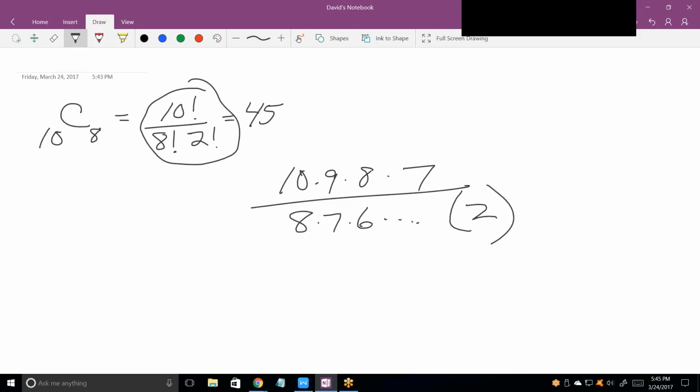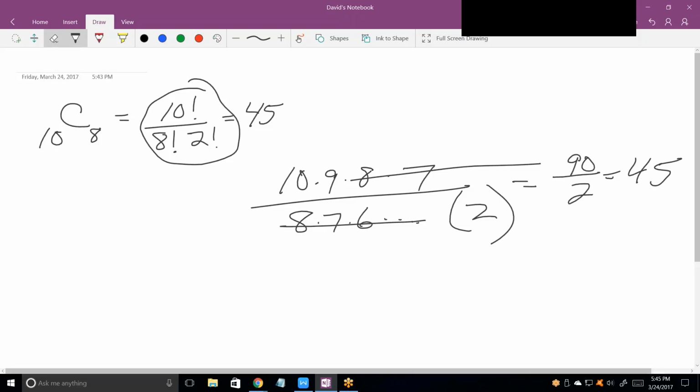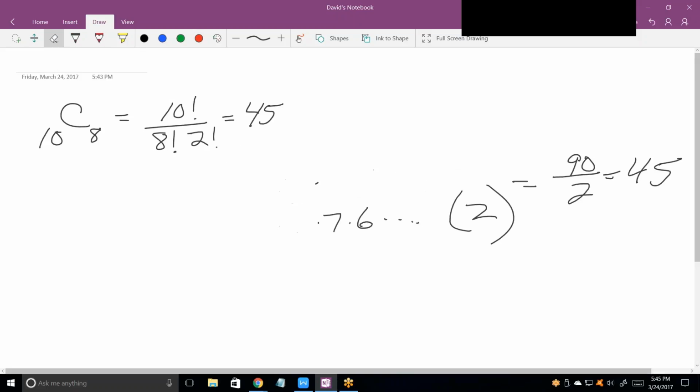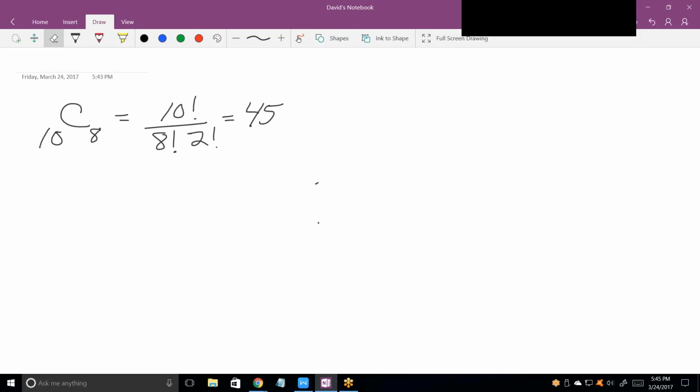Well, you can take that 8 all the way down and cross it off with that 8 all the way down, and we end up with 10 times 9, which is 90, divided by 2, and that's how you got 45. So even though you have a calculator function that lets you do combinatorics, it's occasionally good to know how you're going to do it if you had to do it without a calculator. Which we just did.